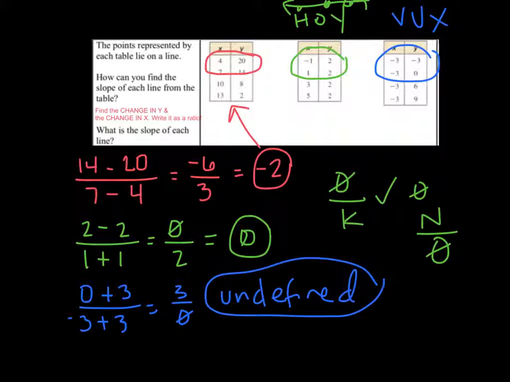So when I go to calculate and I do 0 minus negative 3, that's where 0 plus 3 came from, I get 3. But when I do negative 3 minus negative 3, that's where this plus 3 came from, I get 0. So remember, 0 on bottom is NO. So you need to interpret what this means. 3 divided by 0 is undefined. So I know that this table of values has an undefined slope.